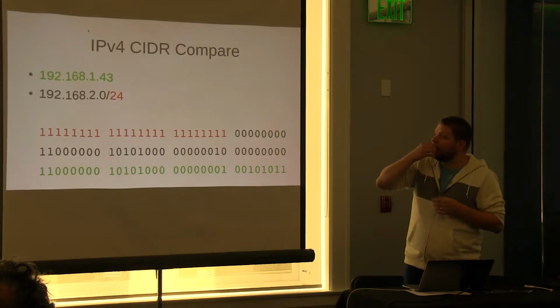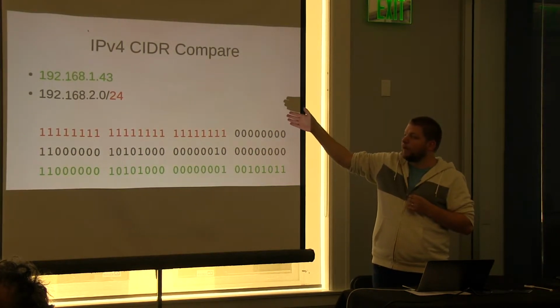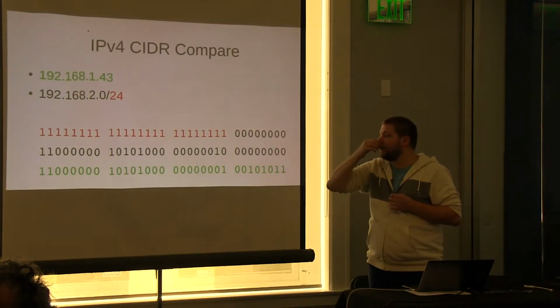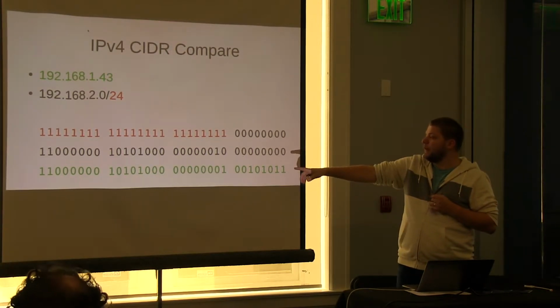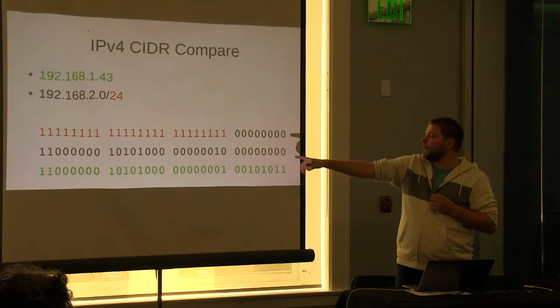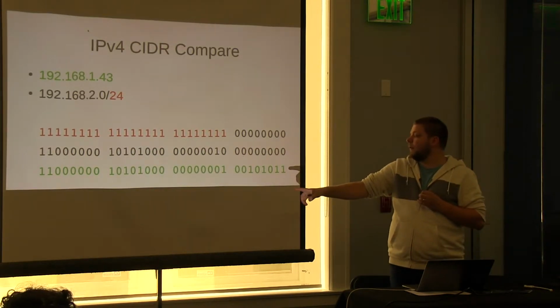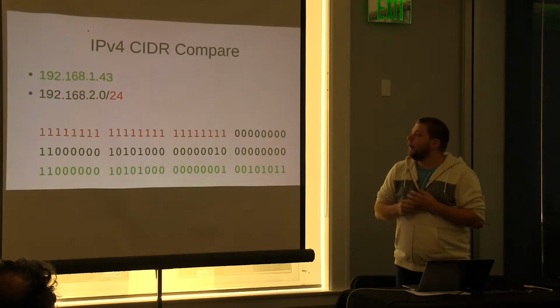So if we say, all right, we ask, is the IP 192.168.143 inside of the CIDR block? In this case, 192.168.2.24. So the CIDR block is represented here on the second line. The net mask representation is on the first line, and the IP address, the address itself, is written in green, on the bottom line.